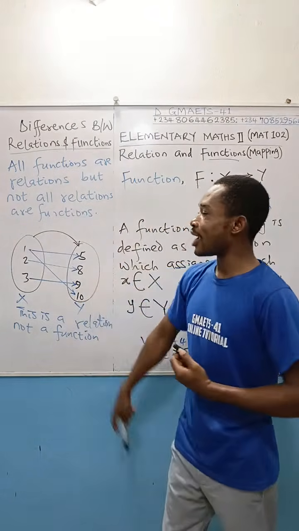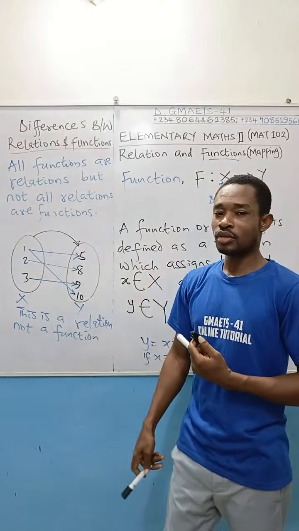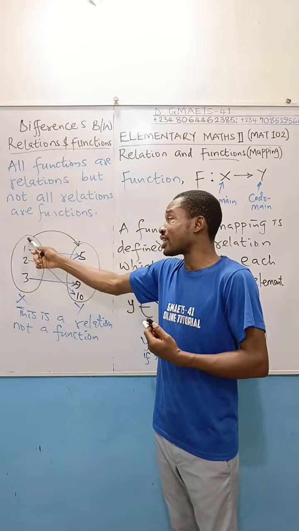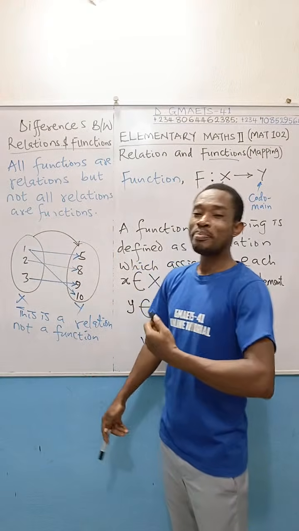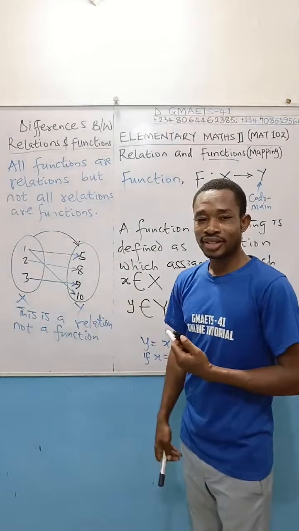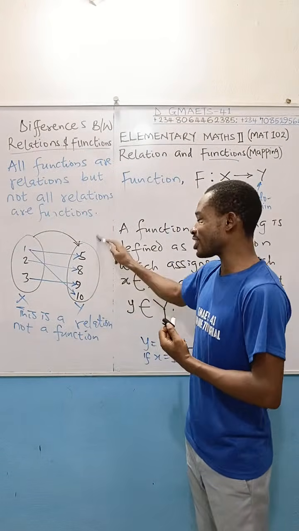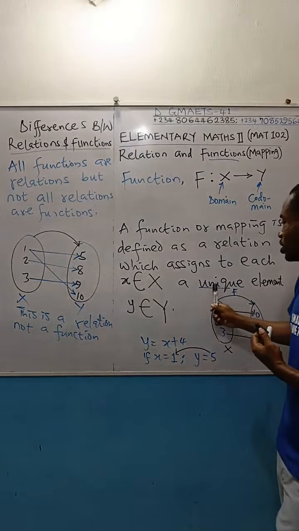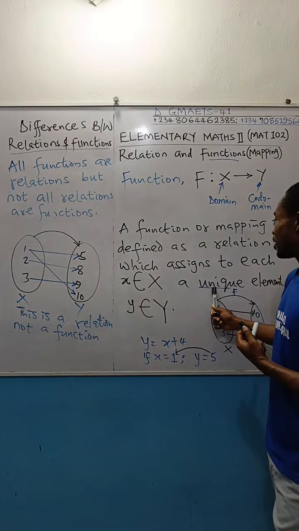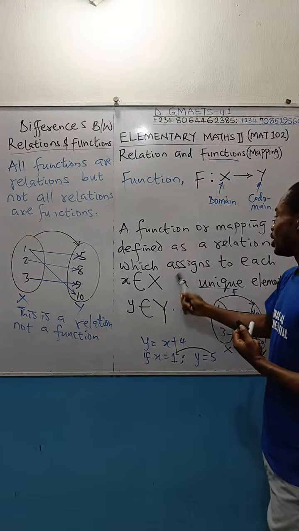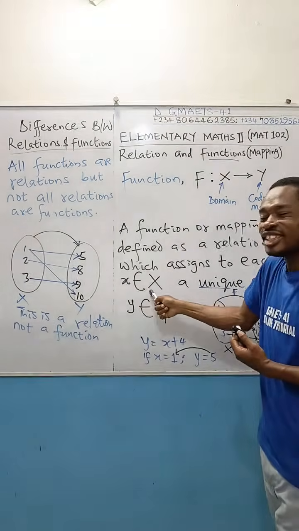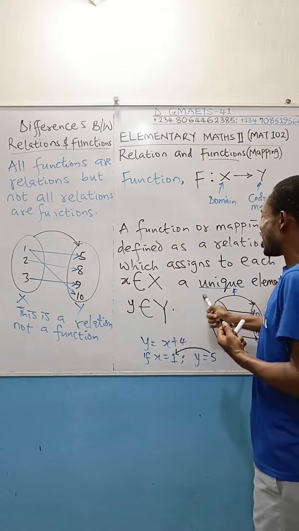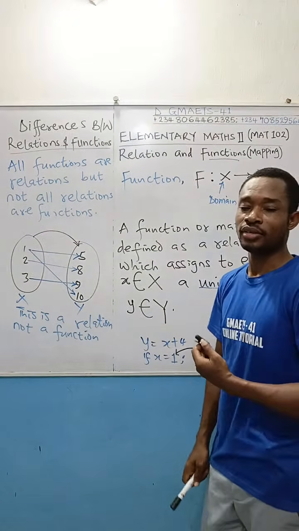That is the reason why it is not possible for an element in the domain, which we are taking as a child now, to be mapped, to be assigned, to be linked to different elements in the codomain. The reason why, again, we use the term unique here is that a function will assign to each element in the domain a unique element in the codomain.